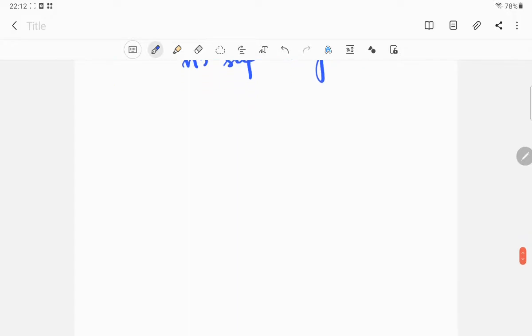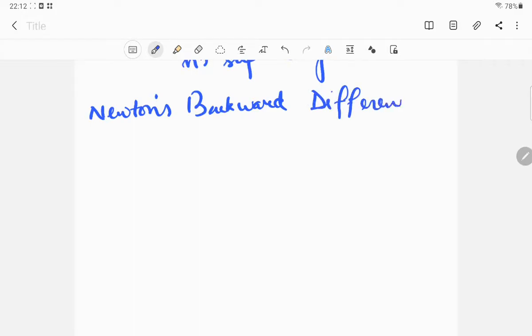Now, Newton's backward difference formula.